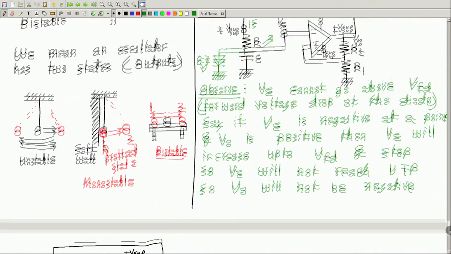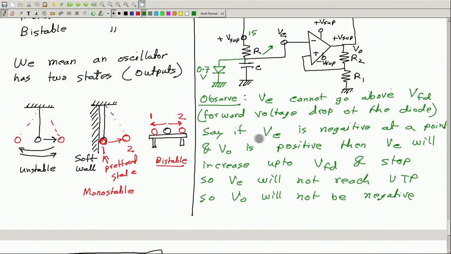Previously, we have seen here the output was positive. So, this is case 1. Case 1 where the output is positive and therefore, Vc will increase, but it will not reach upper trigger point. So, output will remain positive forever.